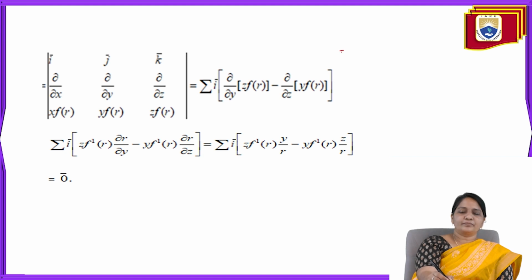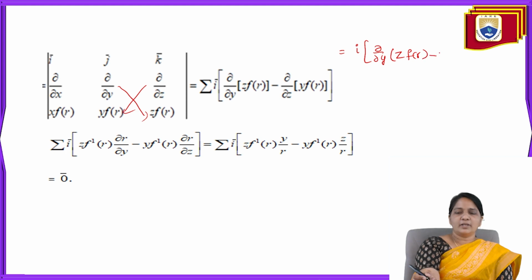So here i, we can do the cross product here: dou by dou y of z f of r minus dou by dou z of y f of r. This is the first one. Minus j.